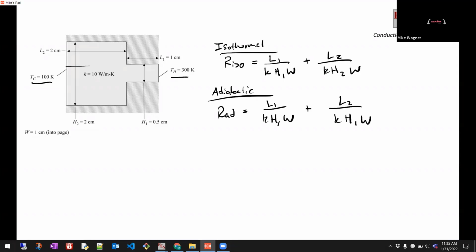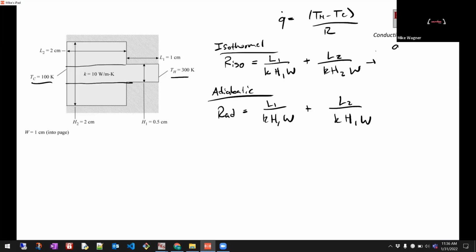We're assuming that the heat can only continue to flow within that restricted channel. Okay, so now let's say we calculate the heat transfer based on this, right? Q dot is equal to TH minus TC over R. If we plug in whichever R we have here, let's just compute the Q dot.